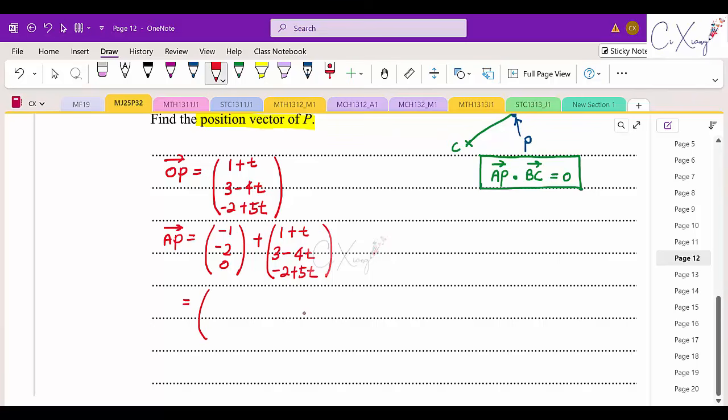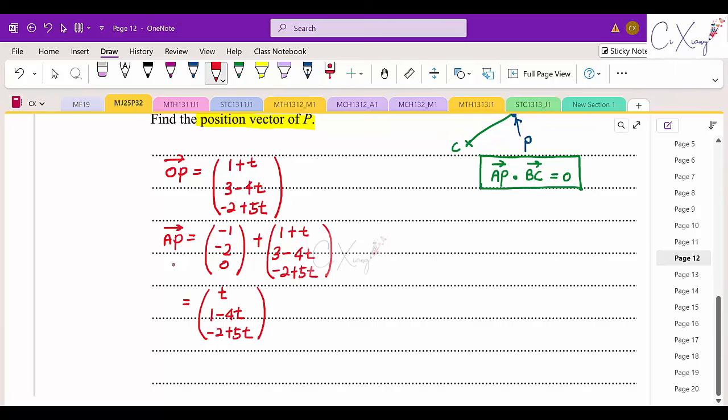And what do I get from here? -1 plus 1 equals 0, so you're having a t. -2 plus 3, you get a 1. And 0 plus all this, you have -2 plus 5t still. And this is my AP.